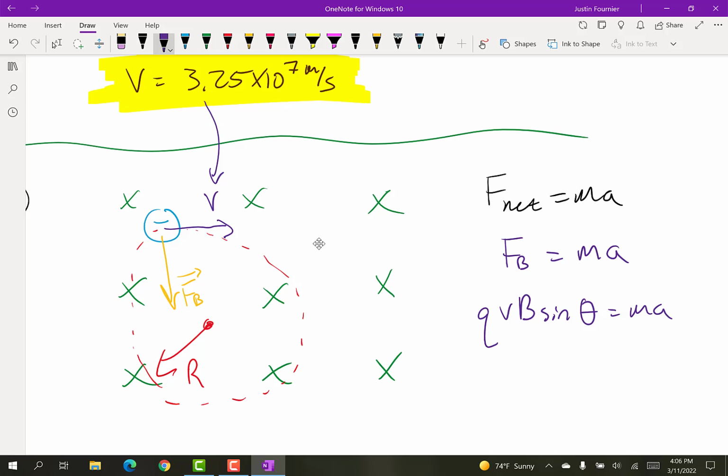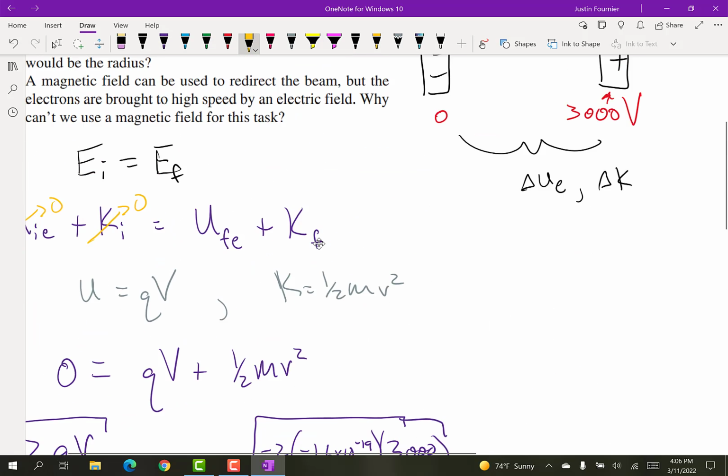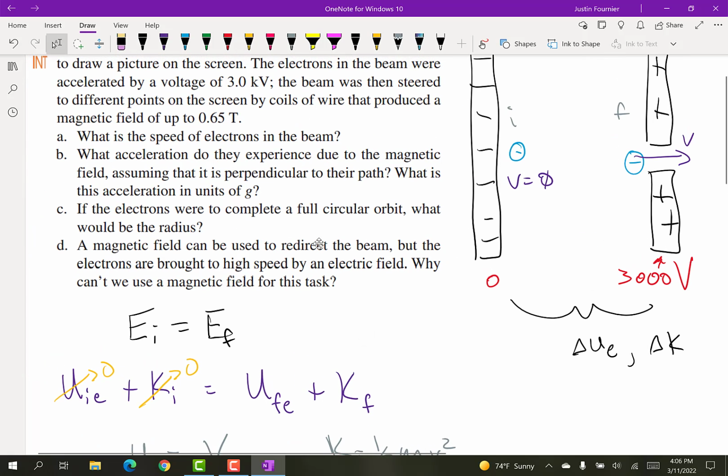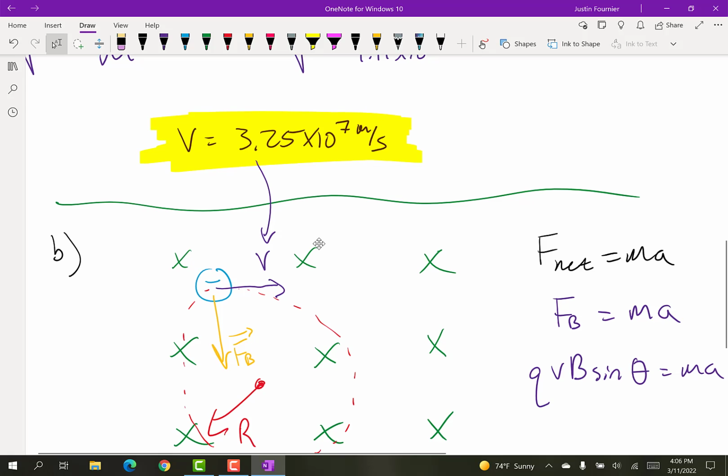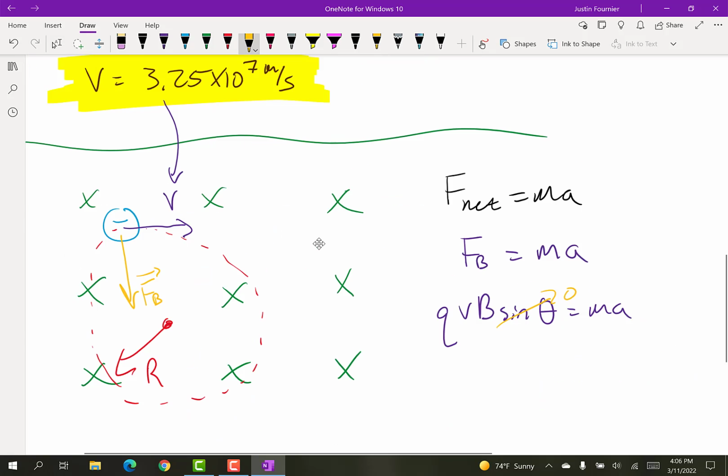The other thing I can recognize here is that the magnetic field is perpendicular to the velocity here. So that's what they told me to assume back here. All right, then that basically means this sine theta has to equal 1.